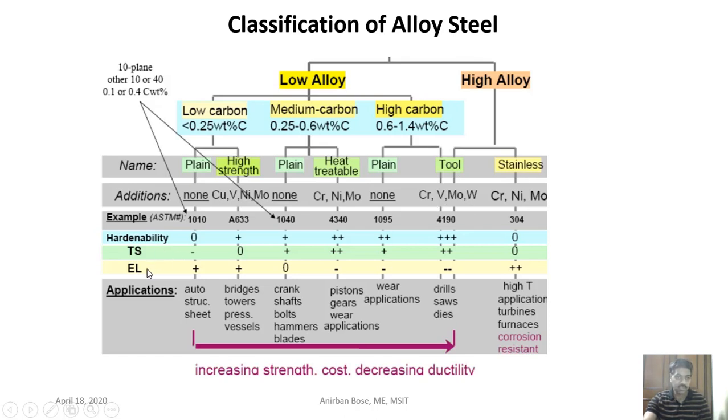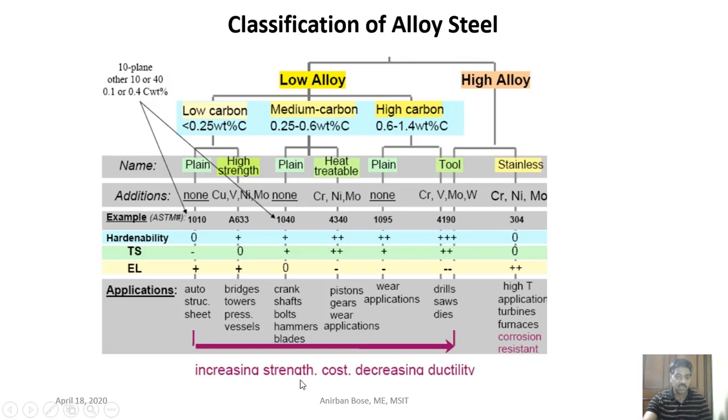Here some of the designations are given, and the comparison of different properties like hardenability, tensile strength, elongation. You can see as you increase in this direction, that means as the carbon percentage increases, its ductility decreases.